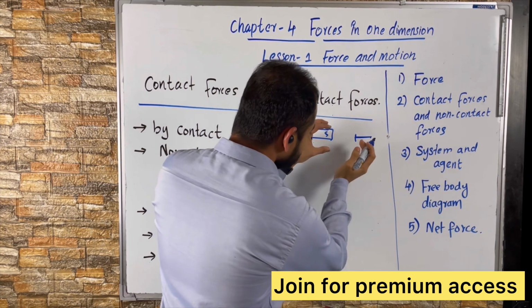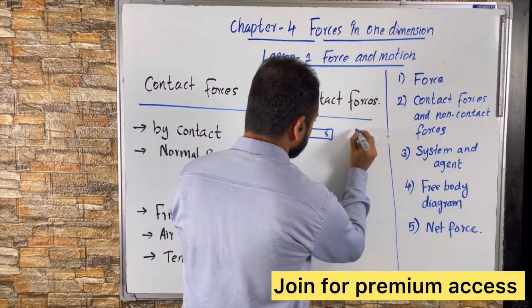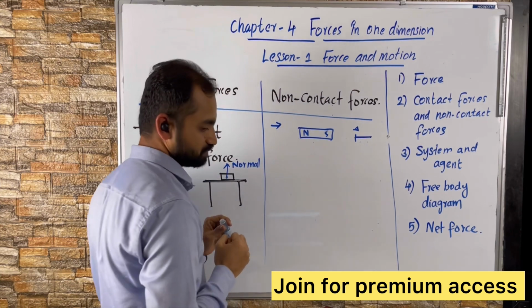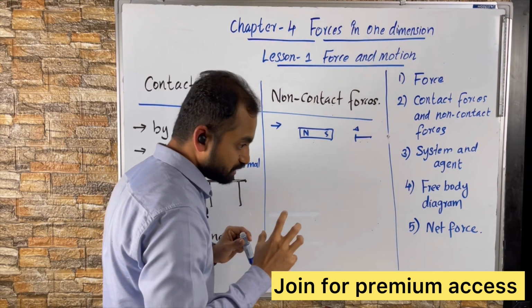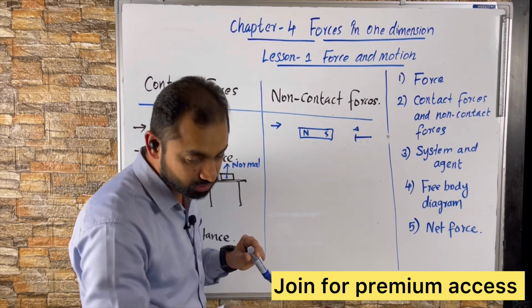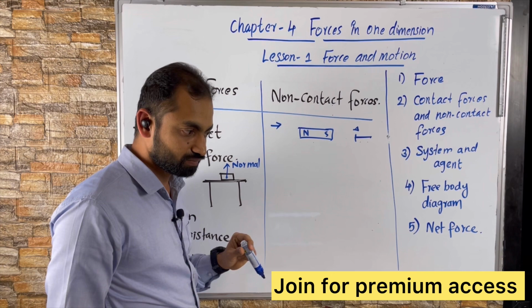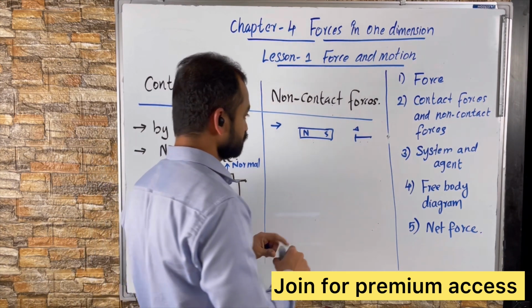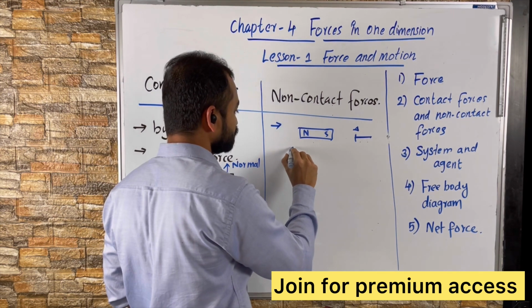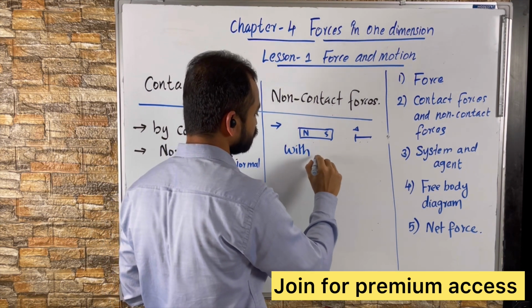So this magnet can attract the nail, right? Or a piece of iron, the magnet can attract it, right? Can the magnet attract that iron nail without touching the nail? Yeah, without touching, right? So non-contact force means the force which can act without contact.